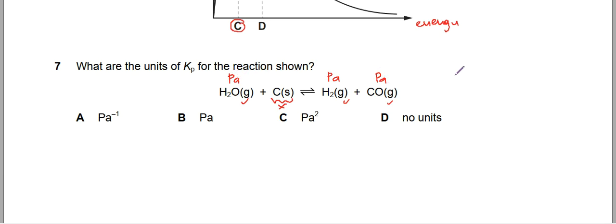We know that the equation for the equilibrium constant is products over reactants, so we are comparing the proportion between products and reactants.